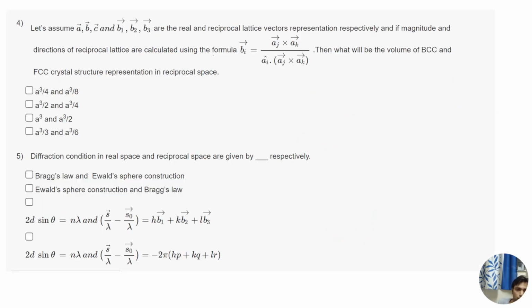Okay. So now let us assume A, B, C and B1, B2, B3 are the real and reciprocal lattice vector representations respectively.